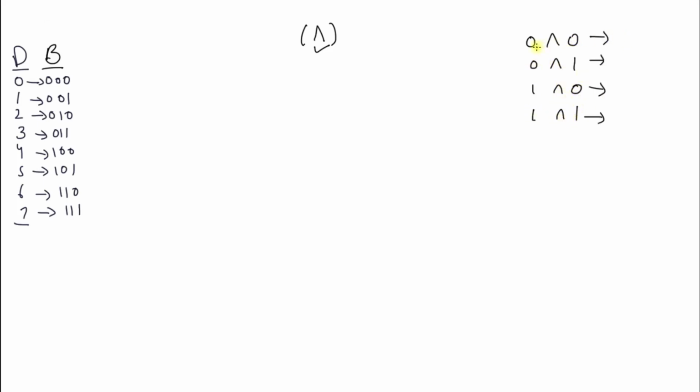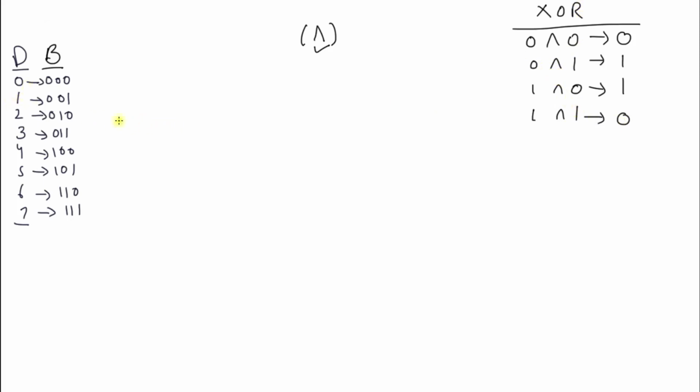The rule says if both are equal, like either 0 0 or 1 1, it produces 0, and if both are different, it produces 1. So this is the rule for XOR operation, okay. You can go ahead and see in your book, you will get this, okay.